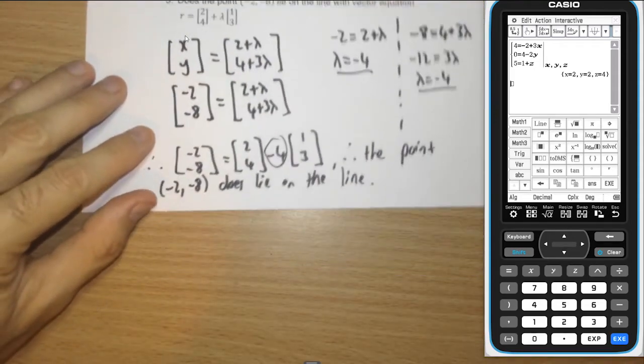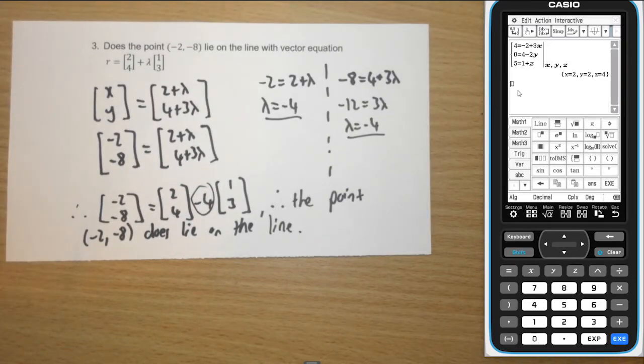If we go back to the previous example and solve these two equations, I like to clear all the variables before I do anything. -2 equals 2 plus x, and here we've got -8 equals 4 plus 3y.